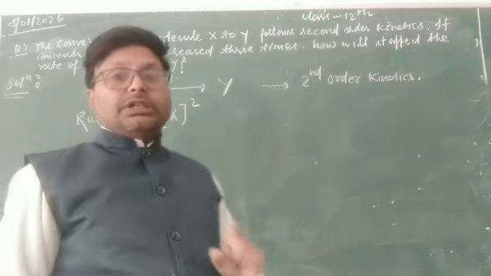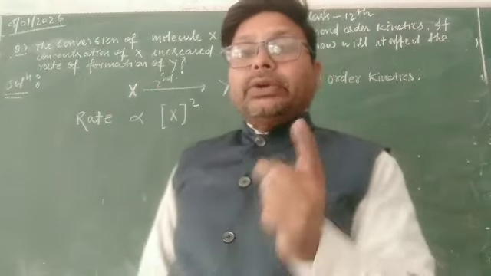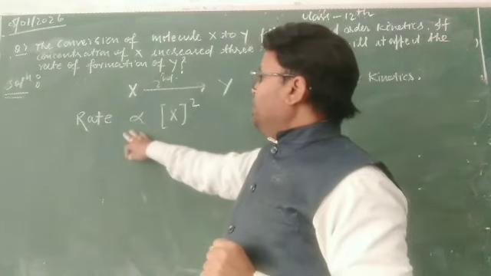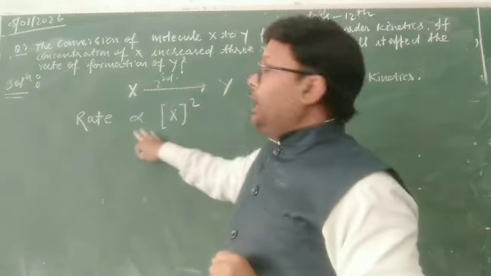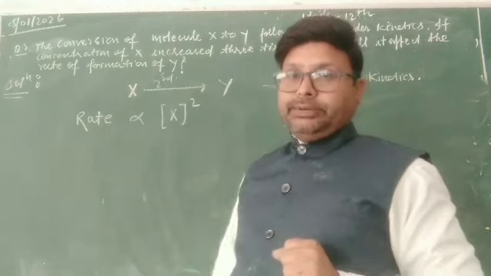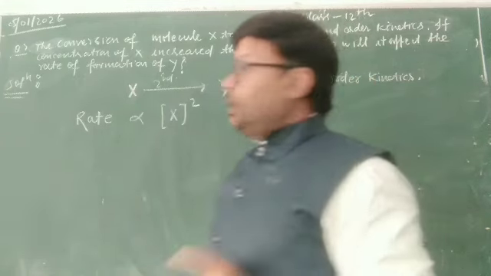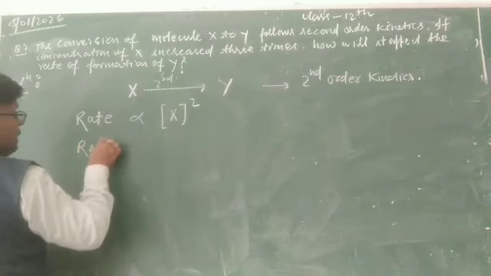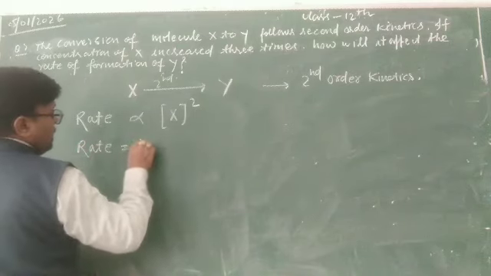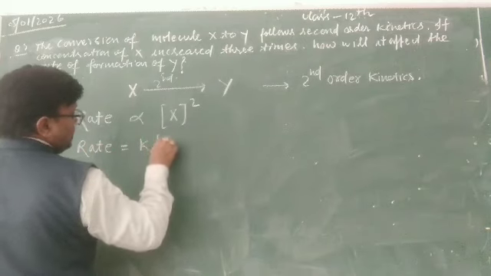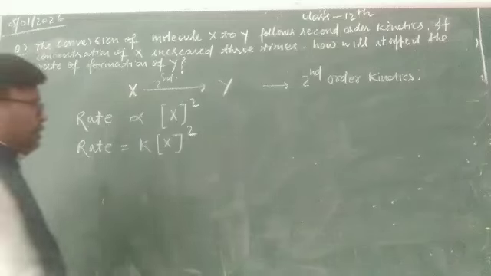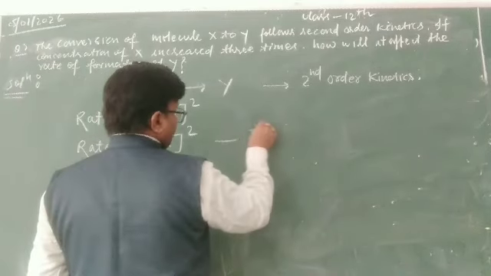We represent it as the rate is directly proportional to x square. Again, rate is equal to k, that is the rate constant, times x square. This is equation 1.